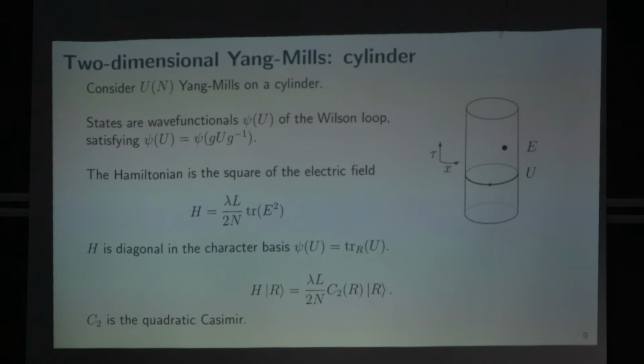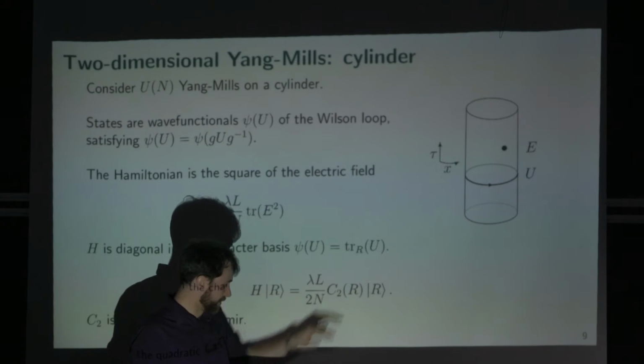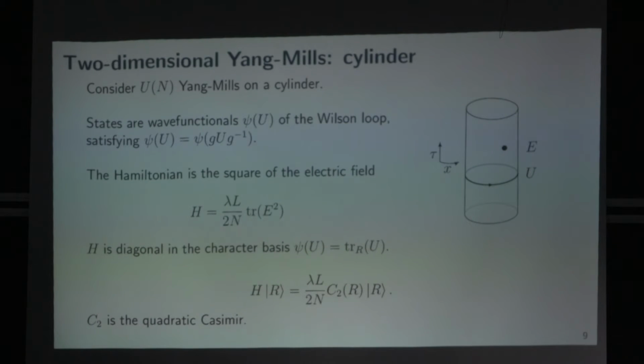Yeah. Good. Now one can actually directly diagonalize this object. It's diagonal in a basis of wave functions of this form. So they're labeled by irreducible representations of the gauge group. You can build a functional just by taking whatever group element your holonomy is, mapping it into some representation, and taking the trace.